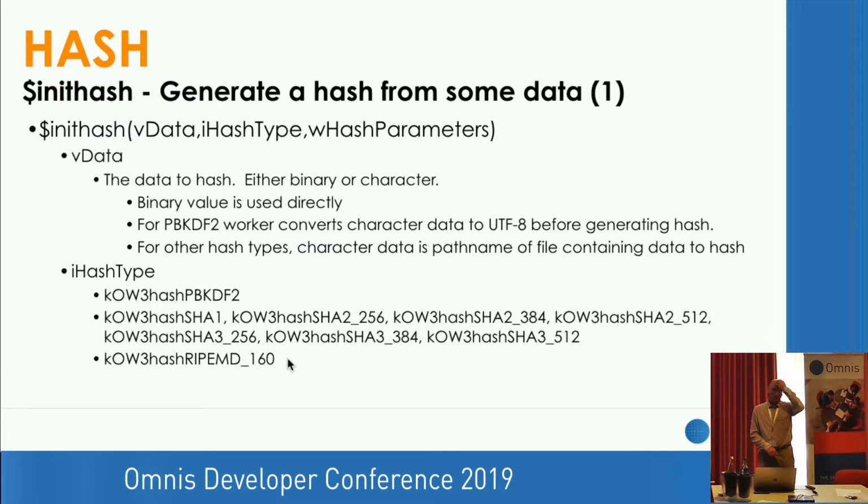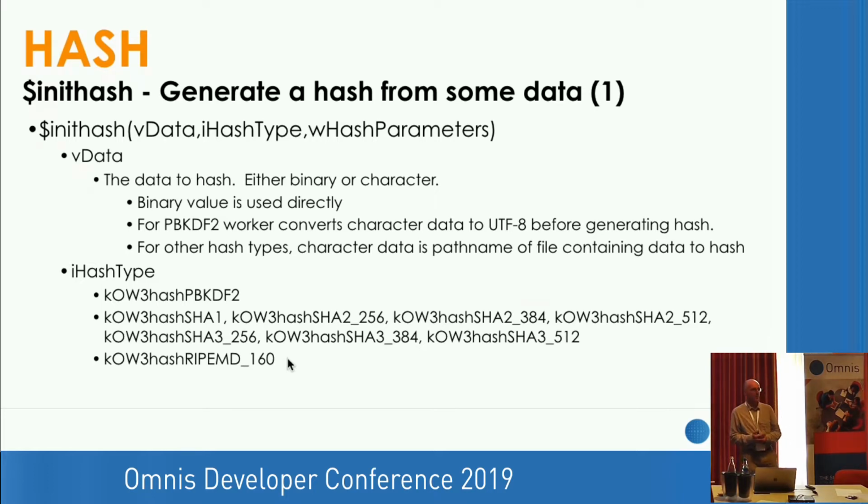So this takes three parameters: the data to hash. This is either a binary or a character value. If it's a binary value, the worker will just use that directly. If it's a character value, then there's two different cases here. For PBKDF2, because that's a password hash, we'll take character data and convert that to UTF-8 before we use it to generate the hash.